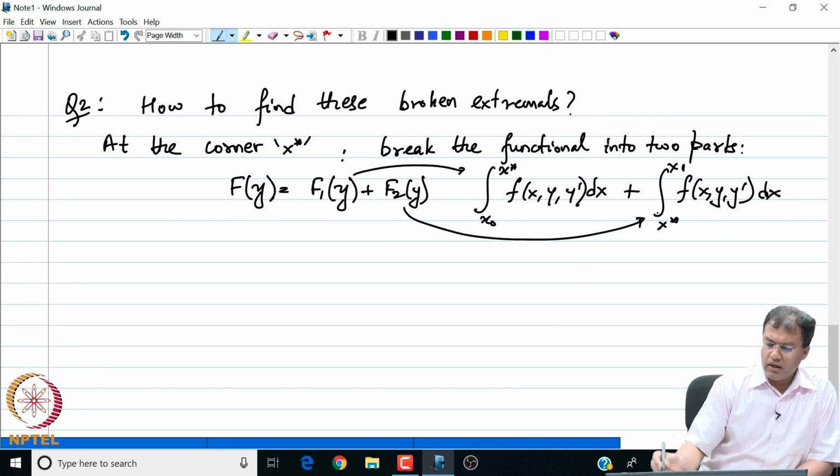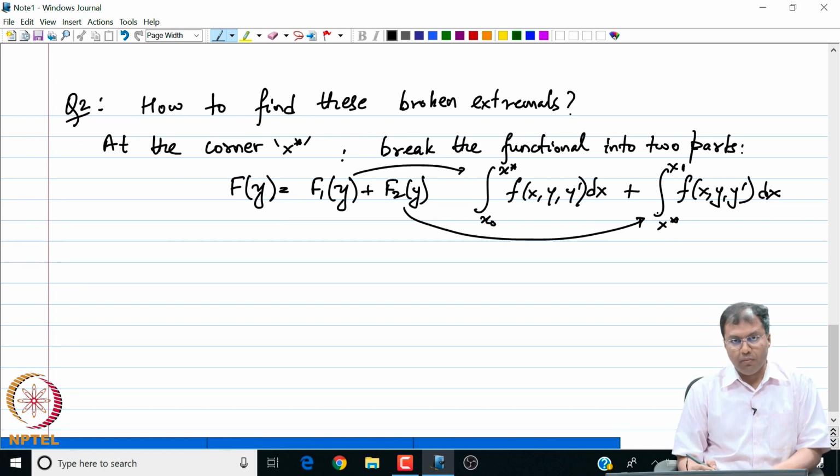So we have broken the entire integral at the corner point.